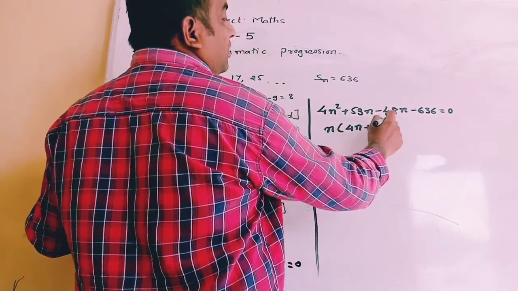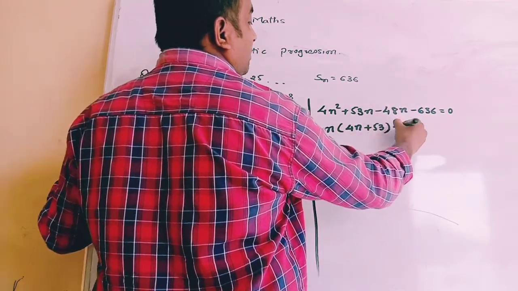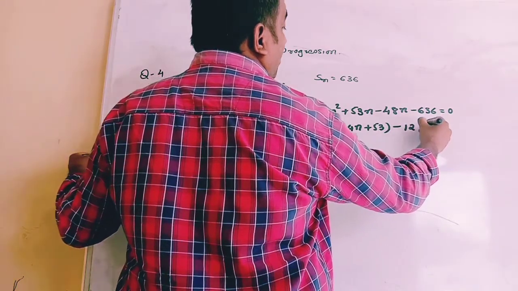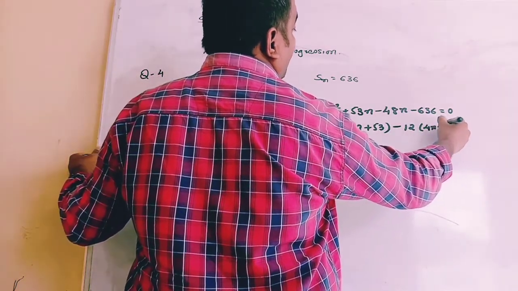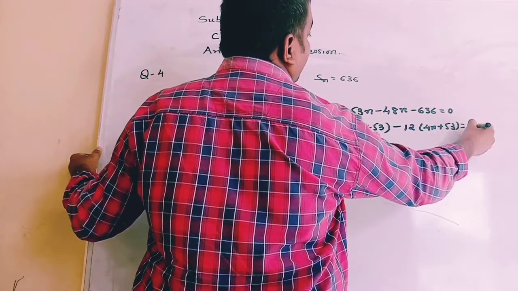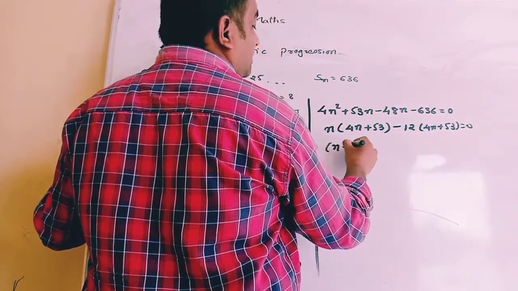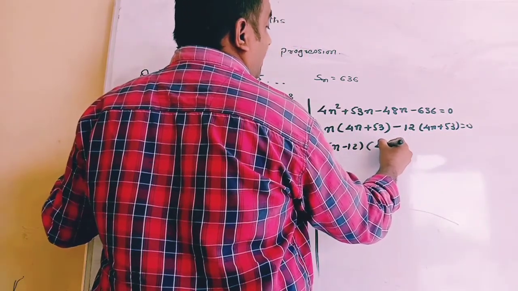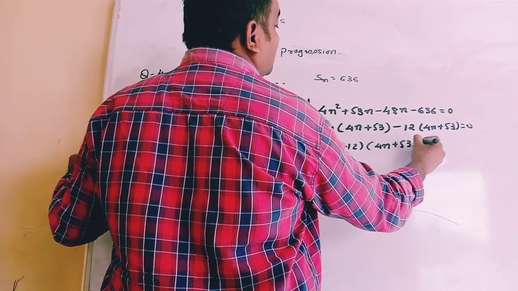Now from the rest, 12 for the 48, so minus 12 we take out common. Then again 4n plus 53. So n minus 12 into 4n plus 53 equals 0.